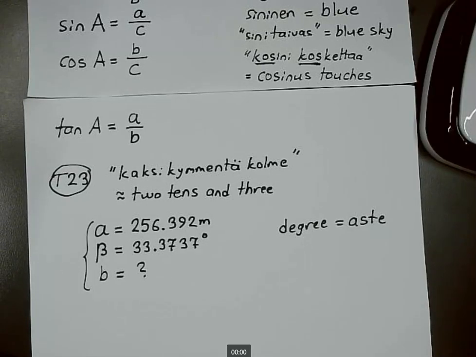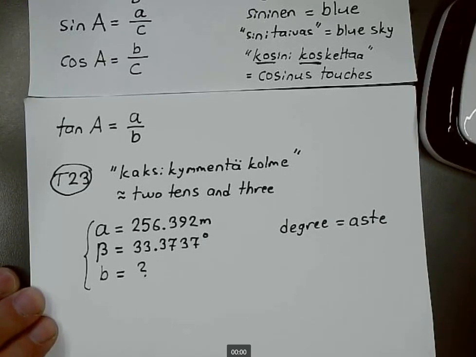We wrote those formulas for angle A or alpha, but in this problem we have beta, so we have to change those formulas to the form that uses beta or angle B. Which trigonometric function should we use?